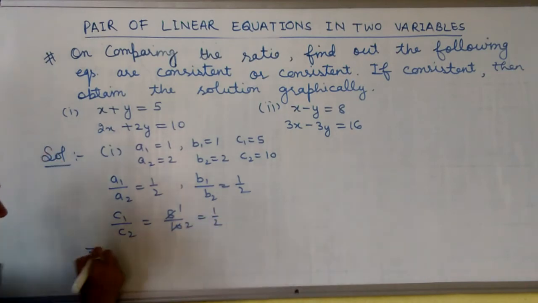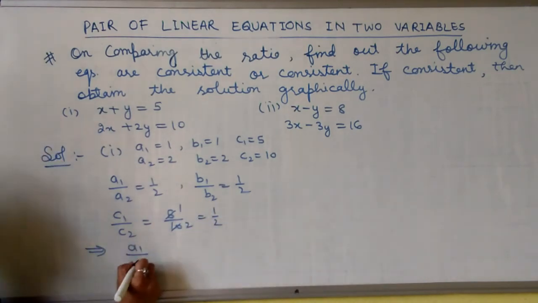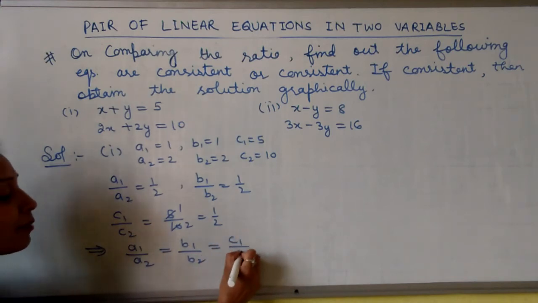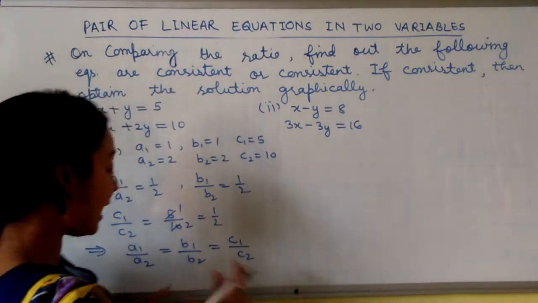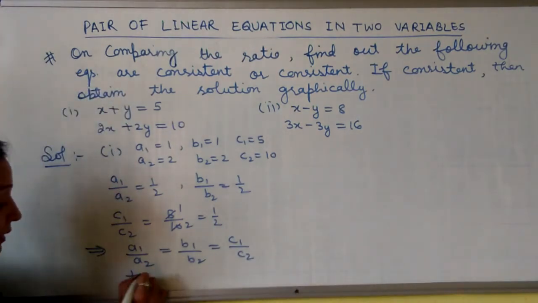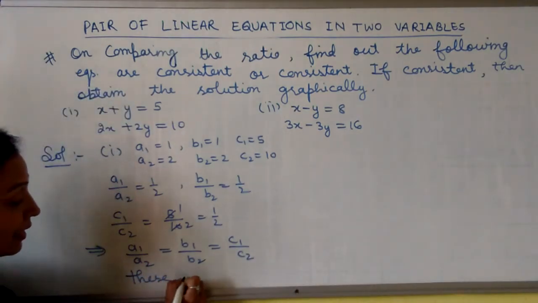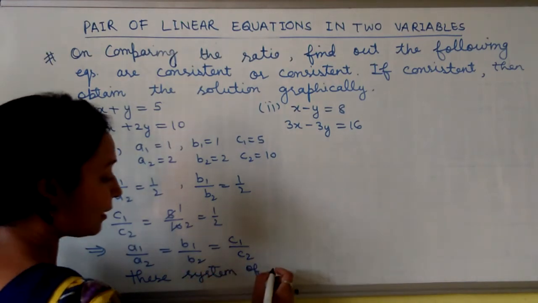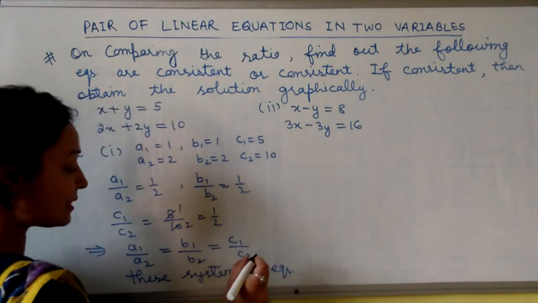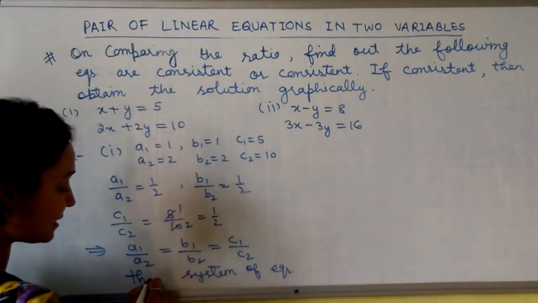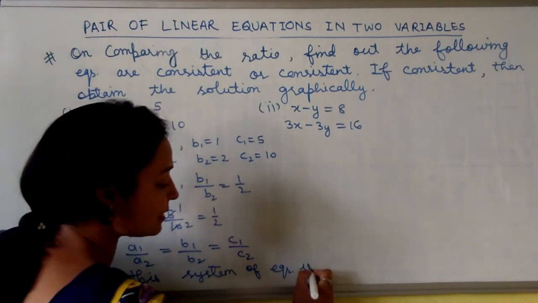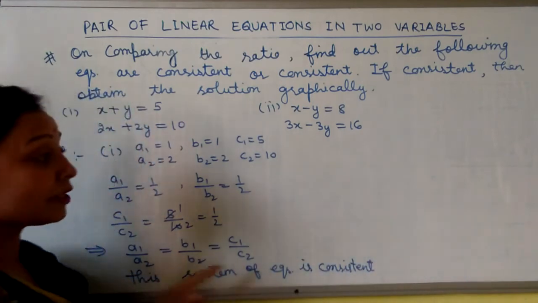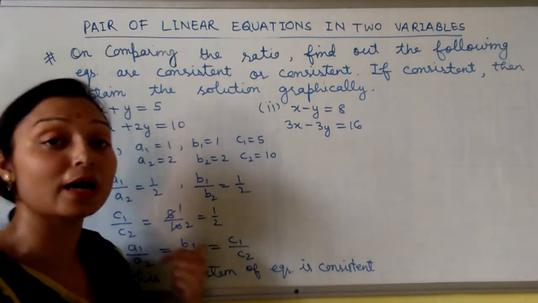This means a1 upon a2 equals b1 upon b2 equals c1 upon c2. This system of equations is consistent. Consistent means having a solution. If consistent, he demands the graph.